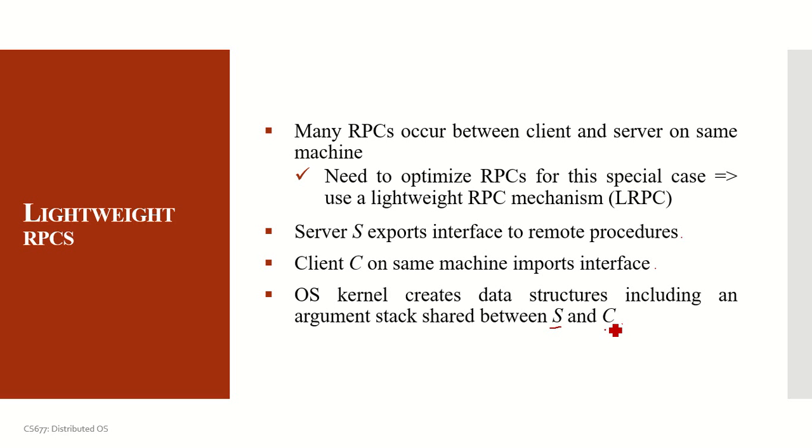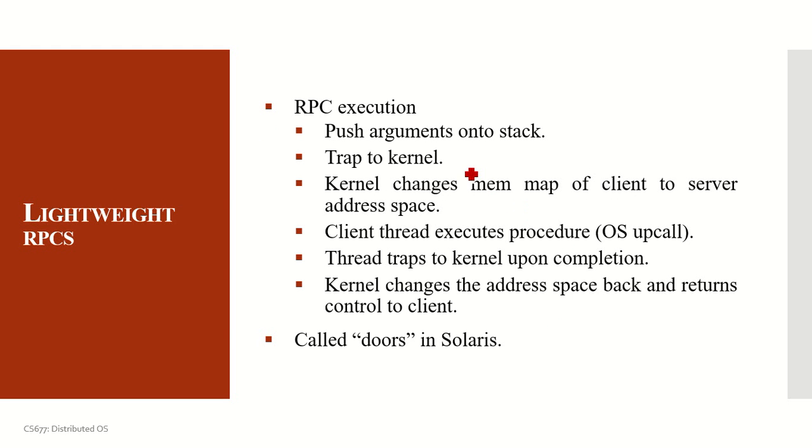Now it is a lightweight mechanism, which happens when I am interacting between the server and the client and trying to send the data; it optimizes my RPCs for some special cases. Now the arguments are pushed onto the stack. You will see the dummy stubs are not over here.